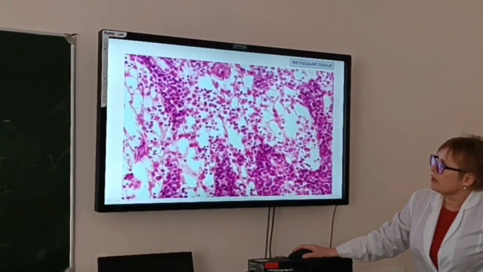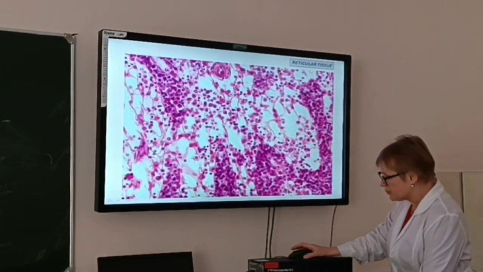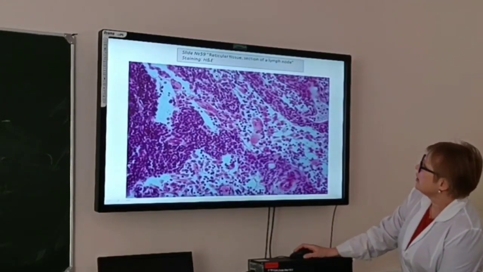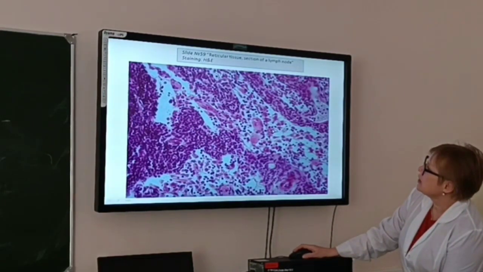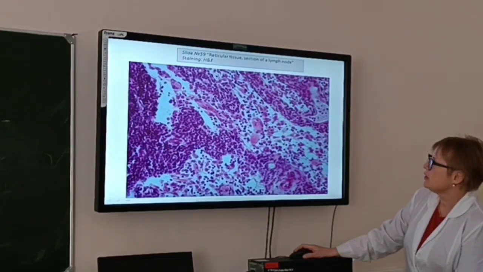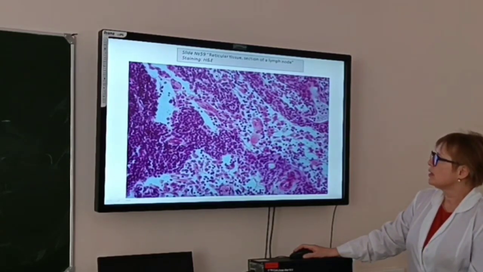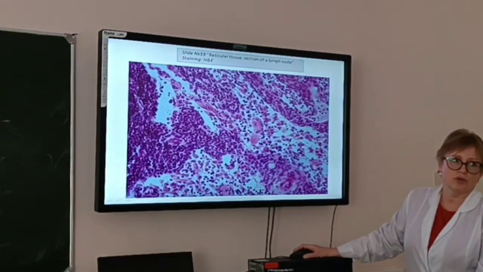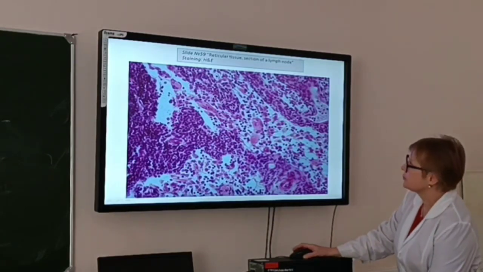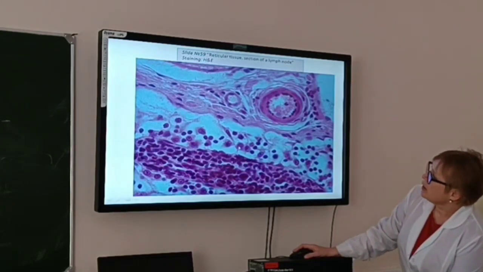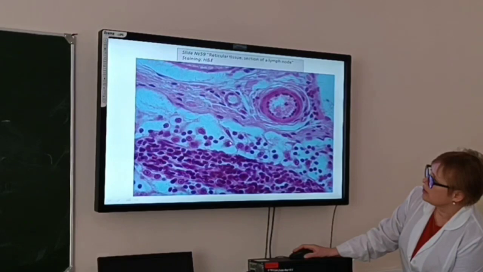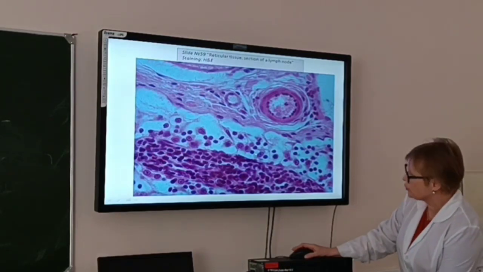Compare this nucleus and this. This is a reticular cell, this is a lymphocyte. Again, a reticular cell with a light, large nucleus. Sometimes we can see cytoplasm with processes. Dark nuclei belong to lymphocytes. Again, a reticular cell with a large nucleus, and small dark nuclei that belong to lymphocytes.